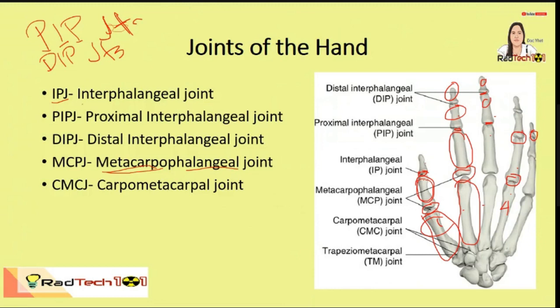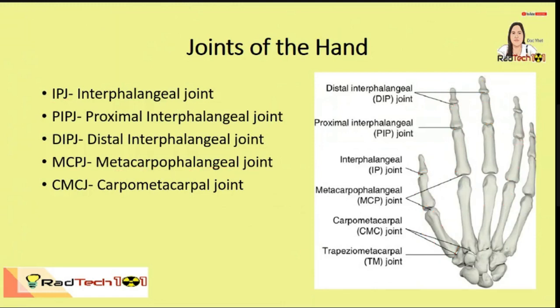Then we also have the CMC joint. So CMC, carpo-metacarpal joint. So it means that we are connecting the carpal bones and the metacarpal bones with a joint. So eto siya, this portion here, this is the CMC joint.